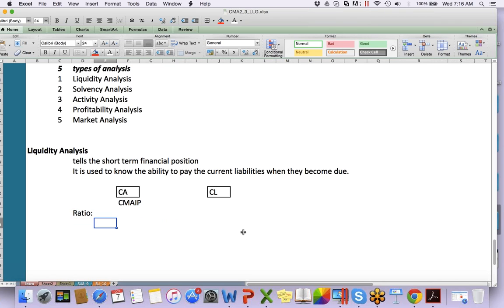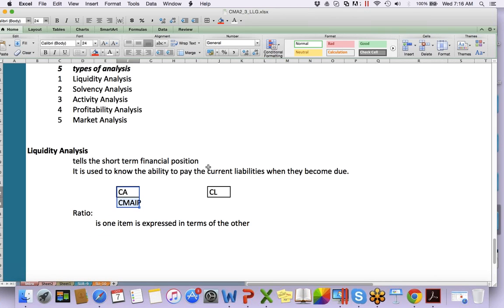A ratio is where one item is expressed in terms of the other.